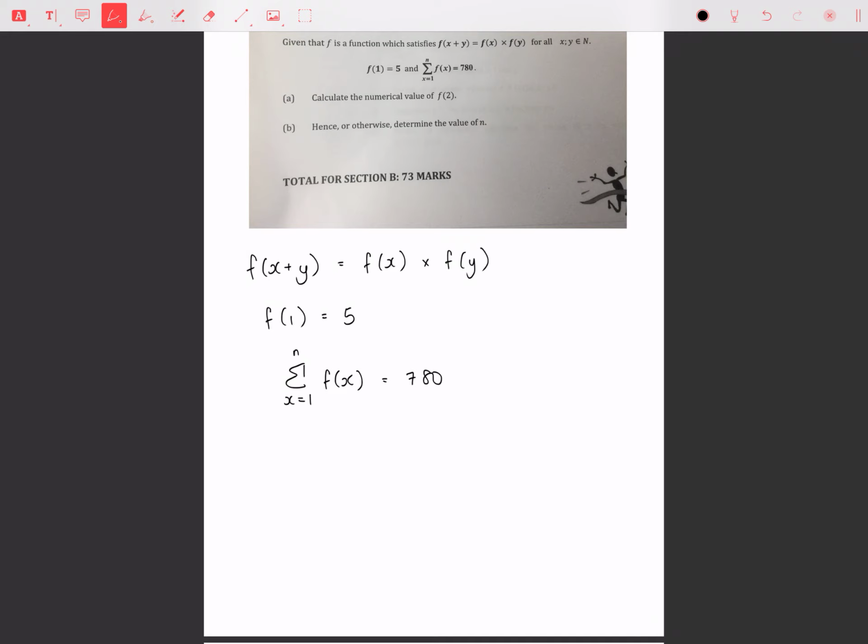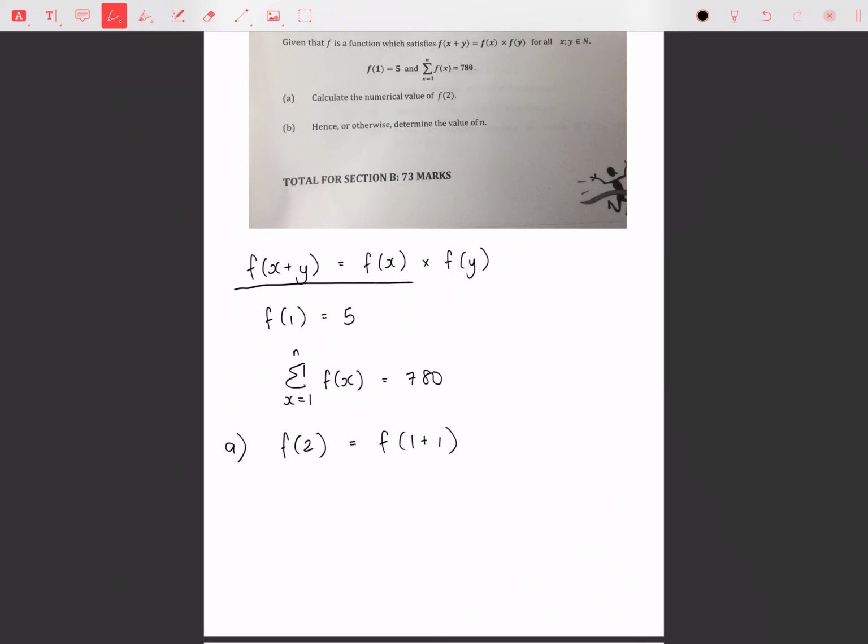So the first question is to calculate the numerical value of f of 2. Now, the only thing we know about 2 is relating it to 1, and what I think of is adding 1 and 1. That gives us 2, and we can do that within the argument of our function f.